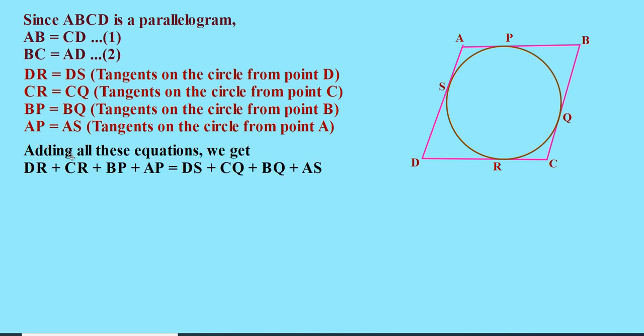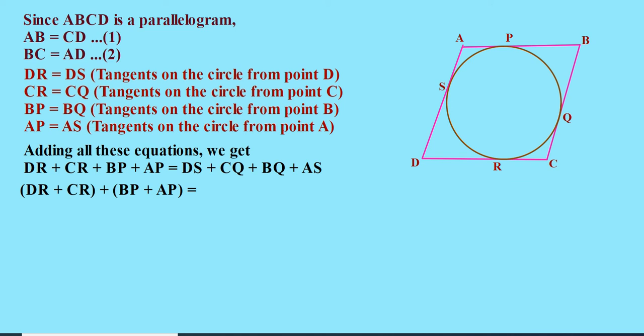We get DR plus CR plus BP plus AP, that is LHS, is equal to DS plus CQ plus BQ plus AS. Now take DR and CR together. Similarly AP and BP together.